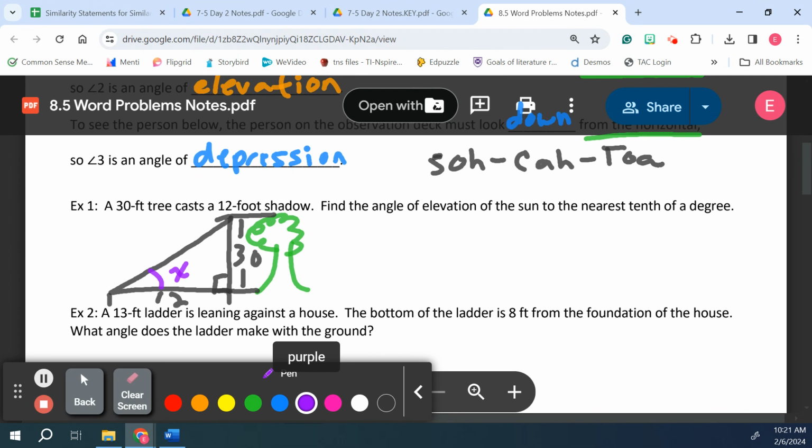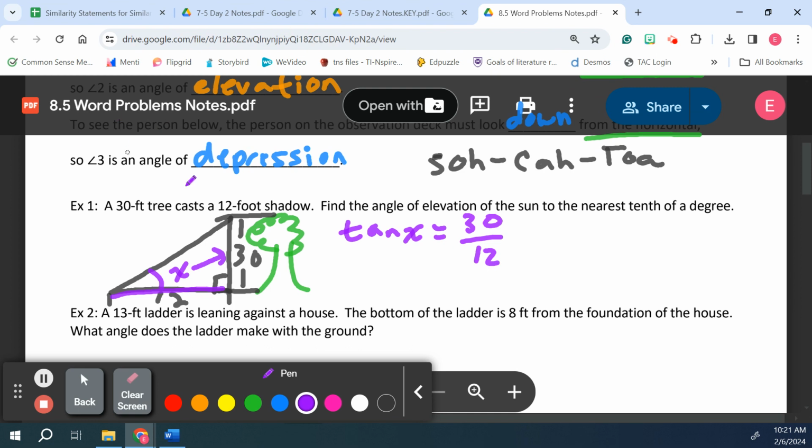Do we have an adjacent? What we got? If we look, we have an opposite, we have an adjacent. Which one uses opposite and adjacent? Tangent. Very good. So we are going to have the tangent of x equals, in this case, 30 over 12.